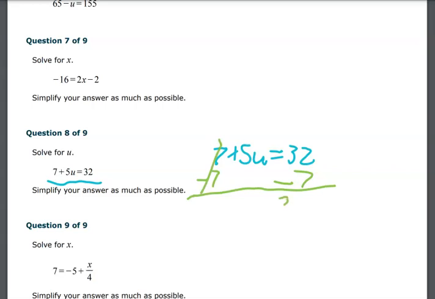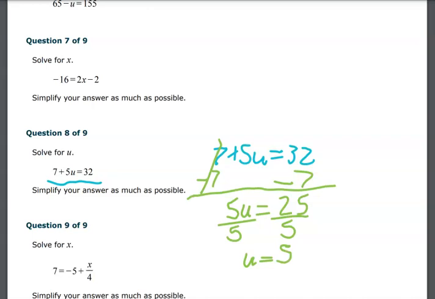This becomes 25, and we get 5u is equal to 25. Now from here I'll divide by 5, and u is equal to 5. And that is how we solve it.